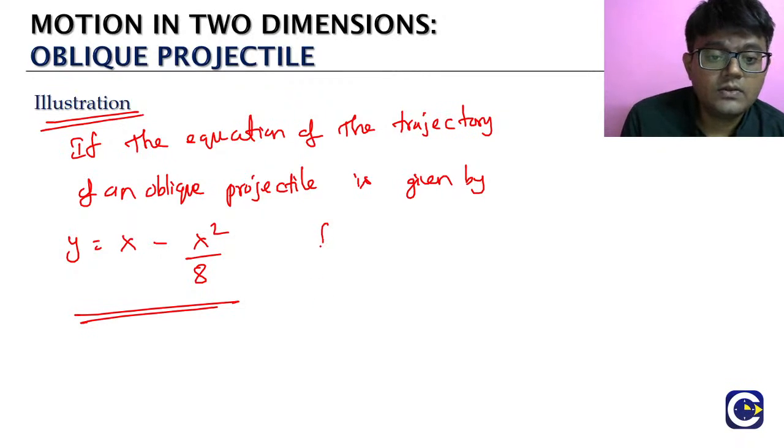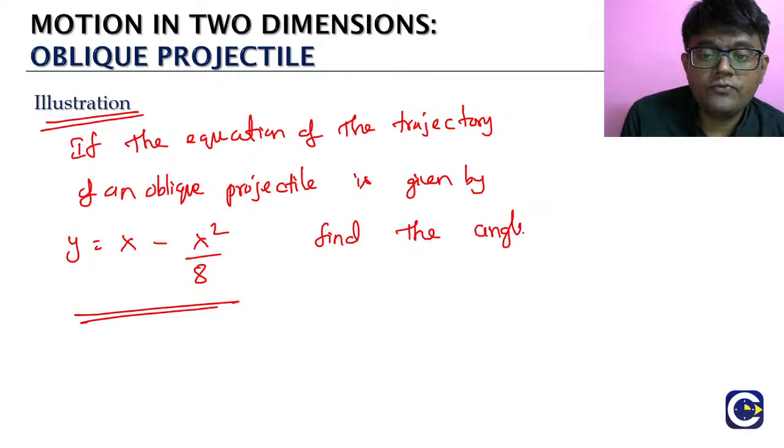Find the angle of projection and the initial velocity of the projectile.